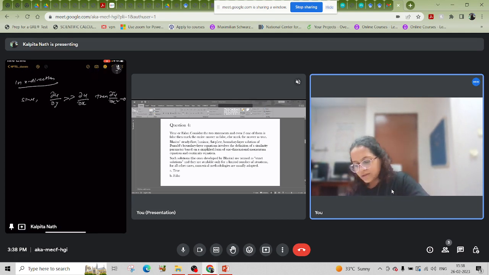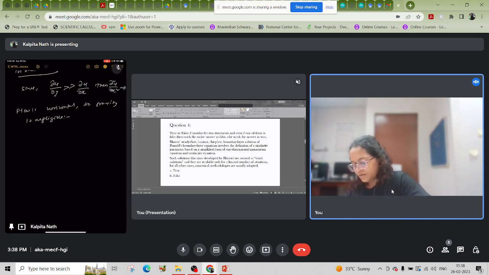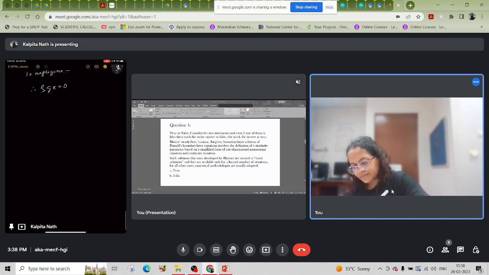Okay, and the flow is horizontal, so gravity is negligible. Therefore rho Gx is equal to 0 in the region above the boundary layer.